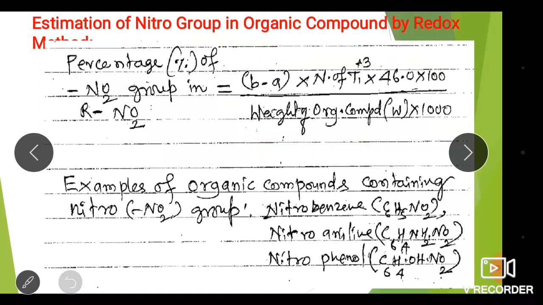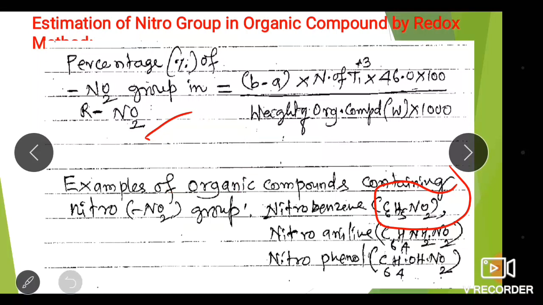Examples of organic compounds containing nitro groups are nitrobenzene, that is C6H5NO2. This is nothing but nitrobenzene. We can also draw the structure of nitrobenzene.